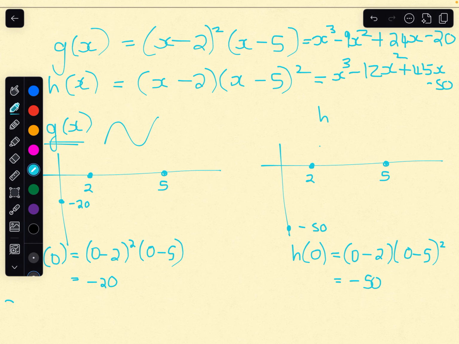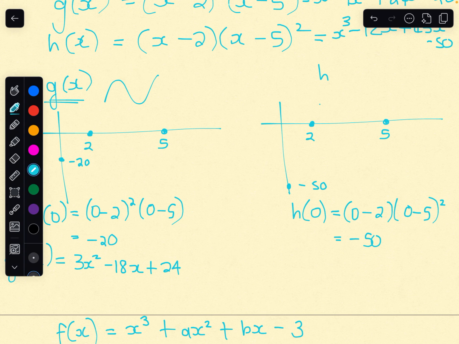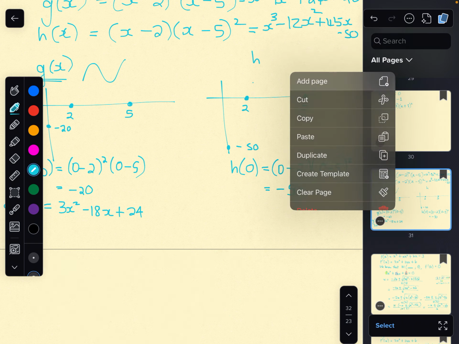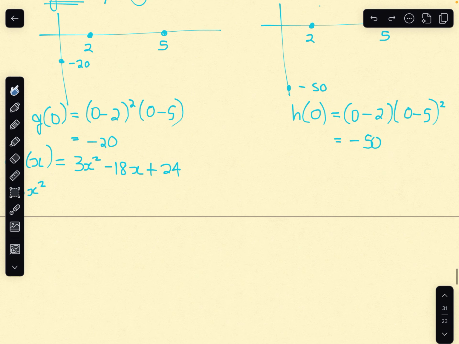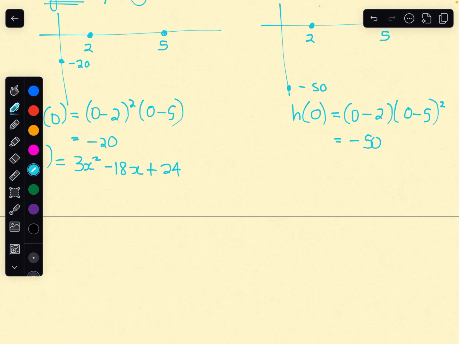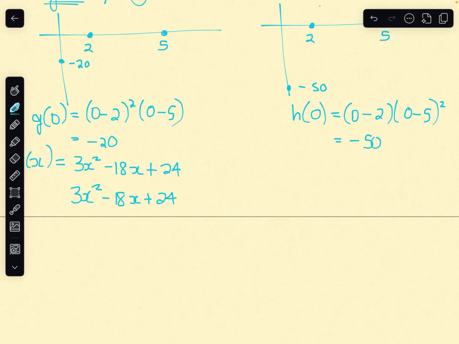For g prime it will be 3x squared minus 18x plus 24, which means that the turning points occur, I'm sure going to need another page, I keep squishing, when x squared minus 6x plus 8 is equal to 0, which is the same as x minus 4 times x minus 2.